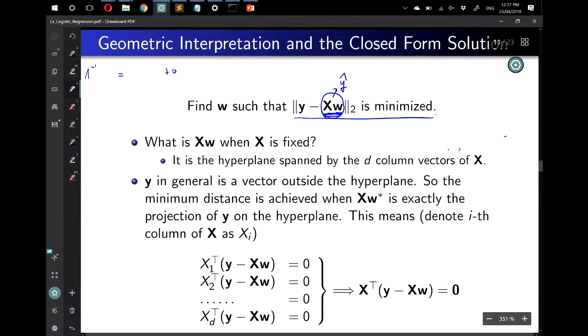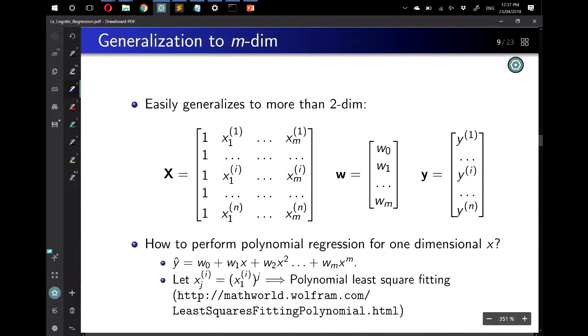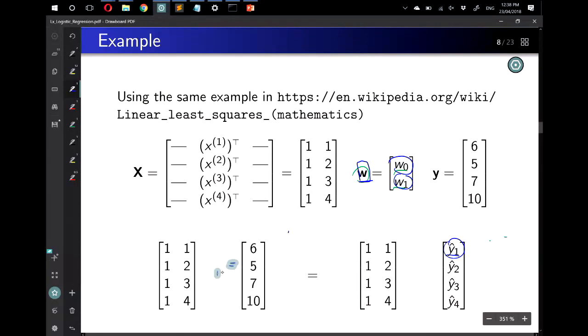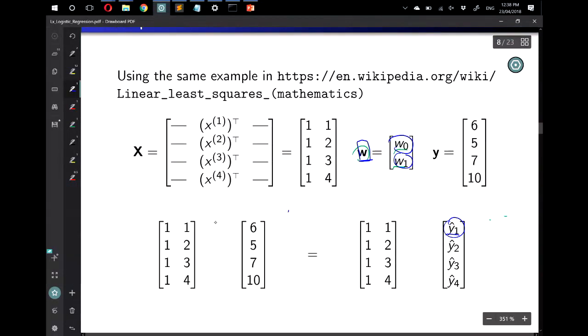So what is X times W? If we go back to this one, W is W0 and W1, right?